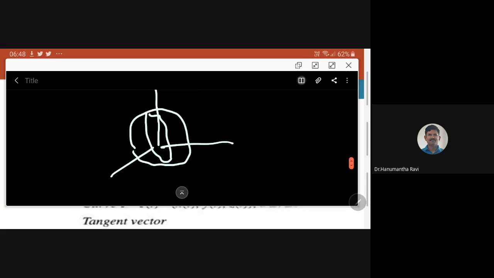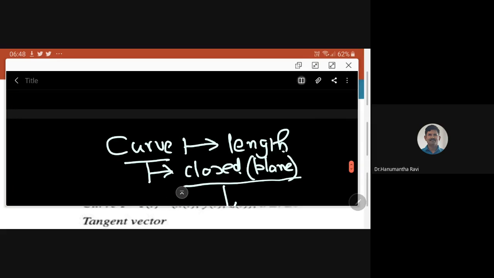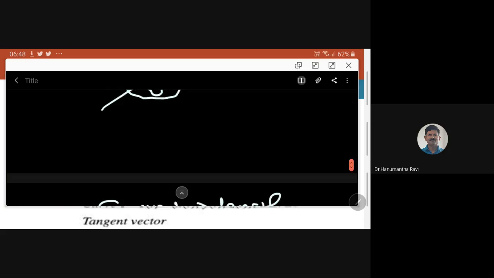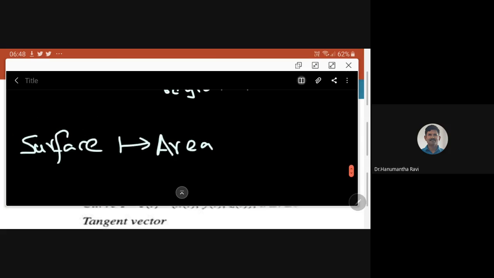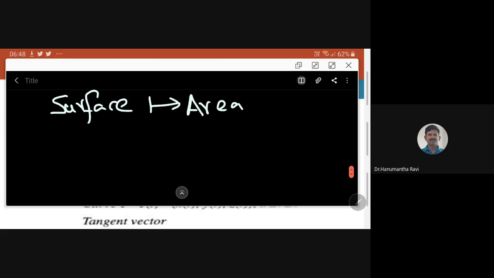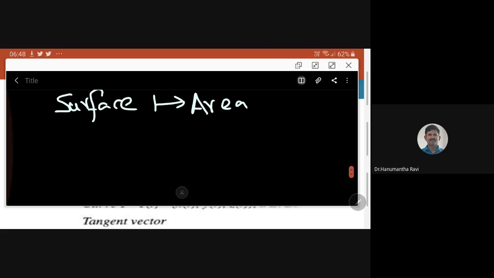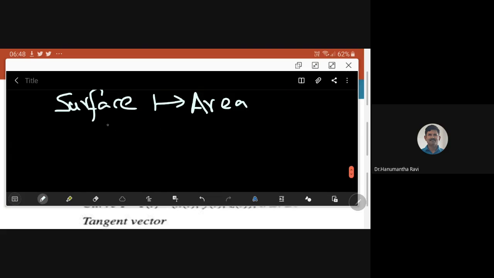When you are talking about a curve, you have length, and for a surface you can think about area. And if our surface is a closed surface, then it encloses a volume.